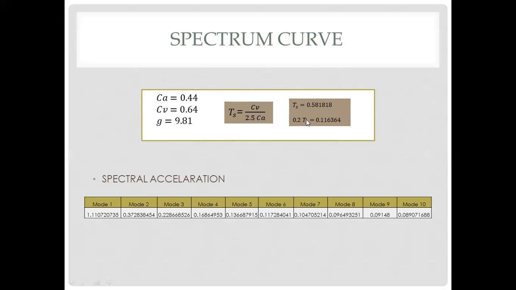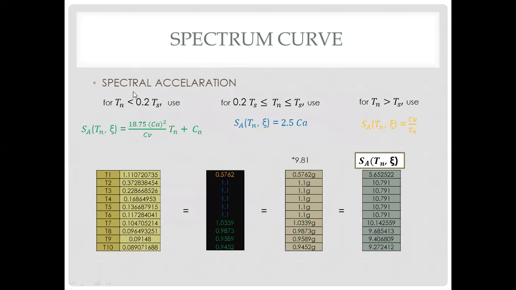So, sinolve lang natin to, minultiply lang natin siya sa 0.2. So, ito na siya, 0.116364. So, sa pag-solve ng spectral acceleration, kailangan natin ang modal period na given natin kanina. So, in solving for spectral acceleration, we have 3 situations.